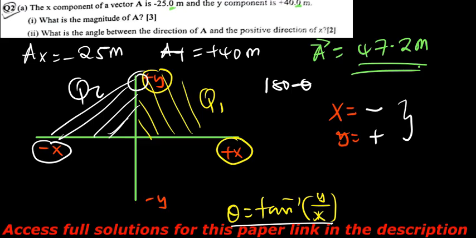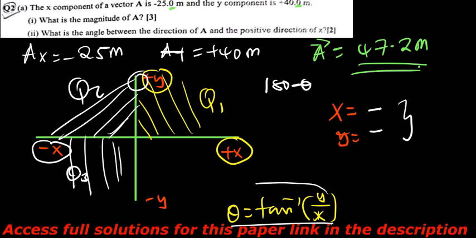Then the third one, you can see the trend now. If they are both negative, then it falls in the third quadrant. In the third quadrant, when you solve the answer, ignore the negative, plug in the values, you find the theta. Then you're going to say 180 plus theta.